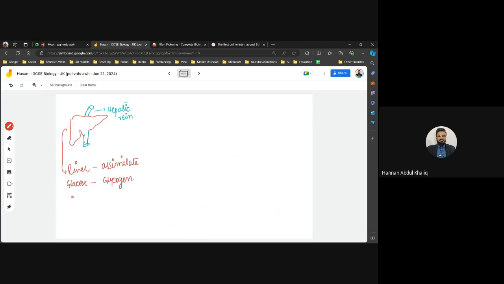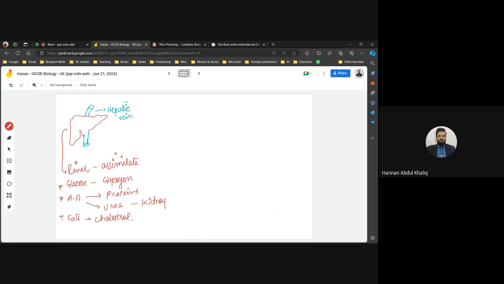It would convert amino acids either into proteins or into urea, then towards the kidney. It could convert the fats into cholesterols and other things.